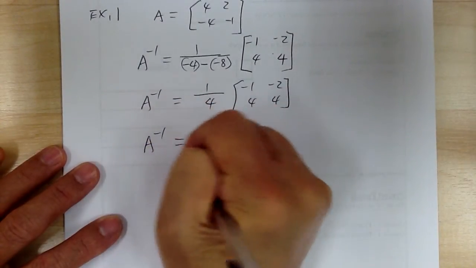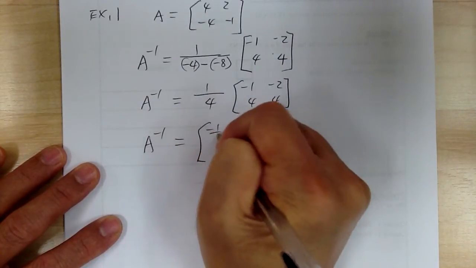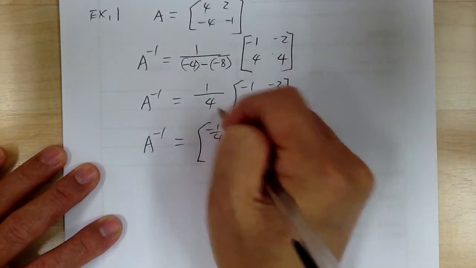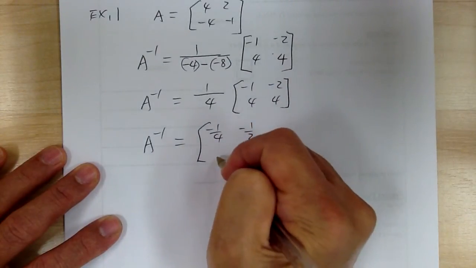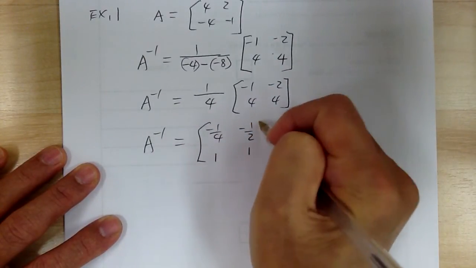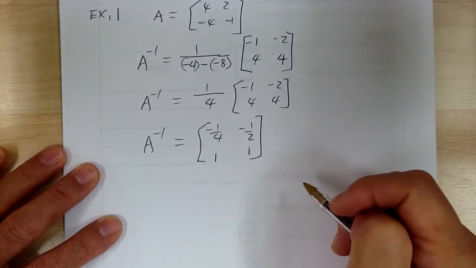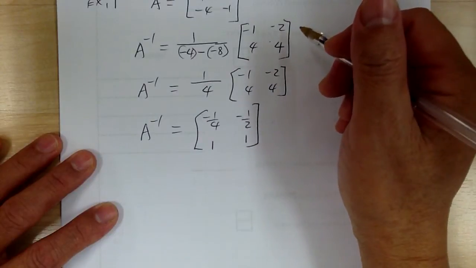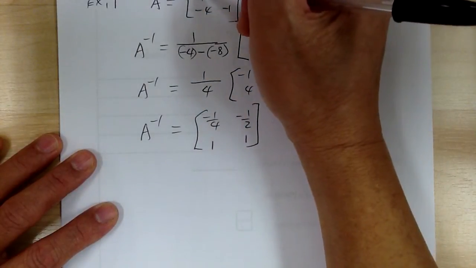So the inverse would be negative 1 over 4, negative 1/2, since negative 2 over 4 is negative 1/2, and then you've got 1 and 1. Let me see. Oh wait, did I do something bad?